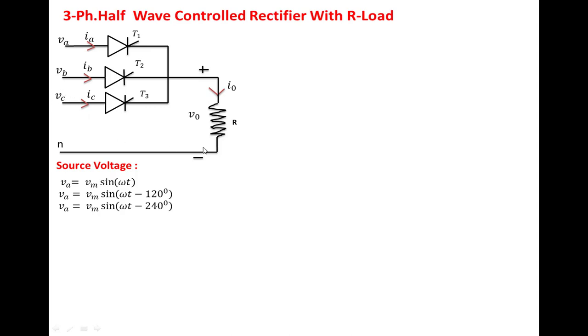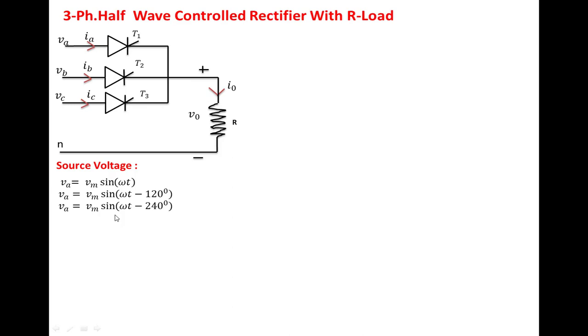We can draw the load voltage waveform and load current waveform only if we know the source voltage waveform. Here we have taken the three-phase voltages VA equal to Vm sin omega t, VB equal to Vm sin(omega t minus 120 degrees), and VC equal to Vm sin(omega t minus 240 degrees). The three voltages are mutually displaced by 120 degrees.